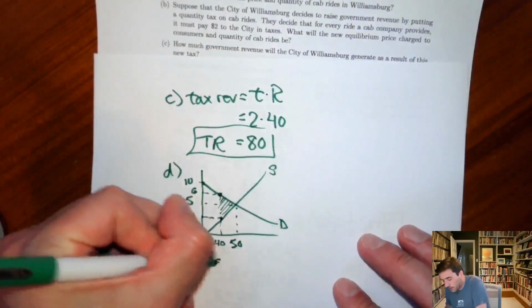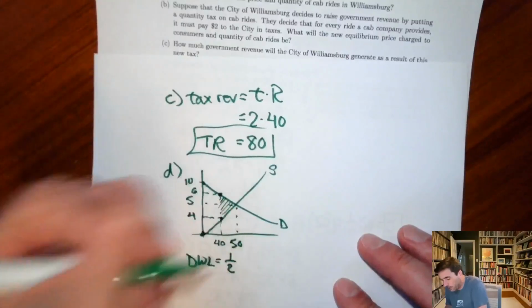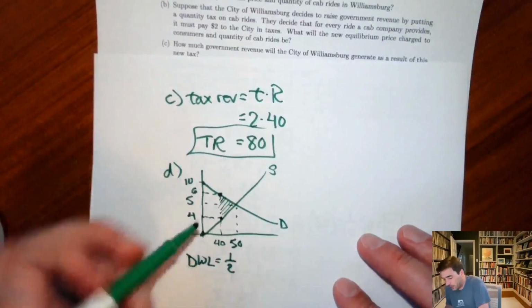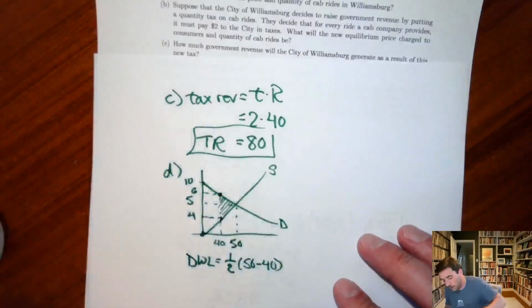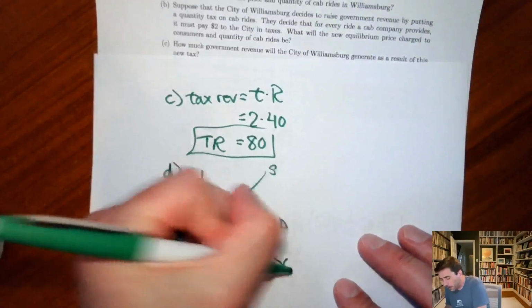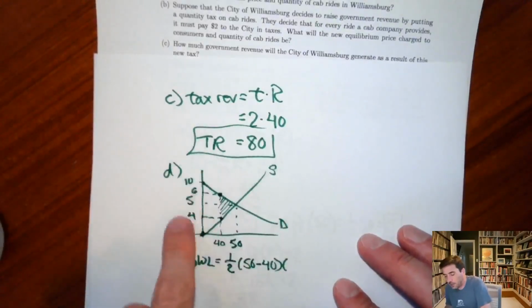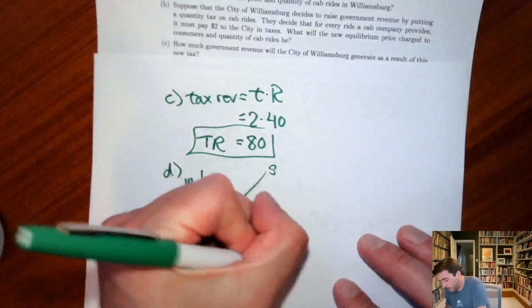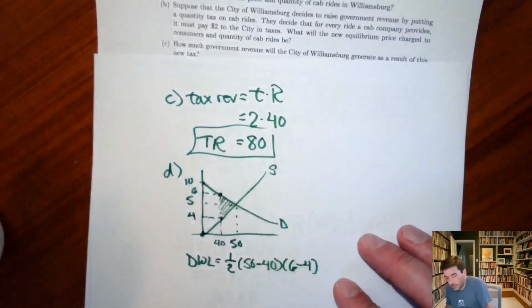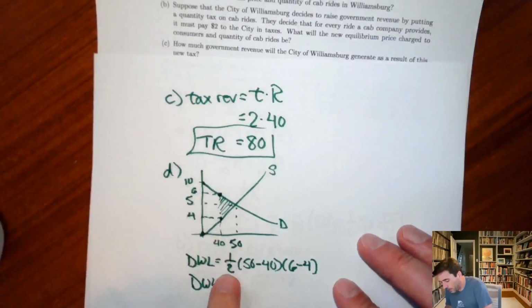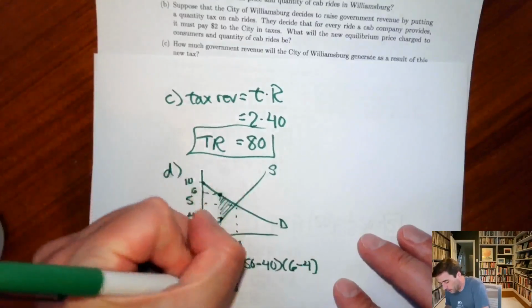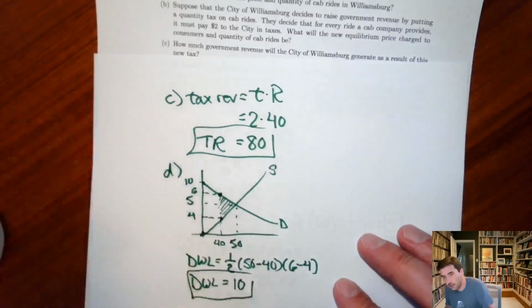My deadweight loss is going to be 1/2 the width of that, which is going to be 50 minus 40, times the height of that triangle, which is just the size of the tax. That's 6 minus 4, being the size of the tax, 2. So now my deadweight loss is simply 1/2 times 10 times 2. So 1/2 times 20 is just going to be 10.